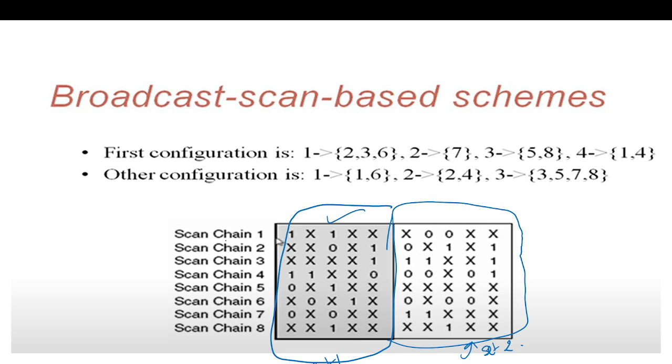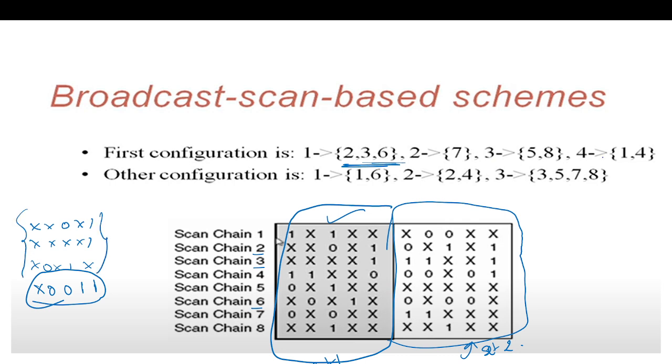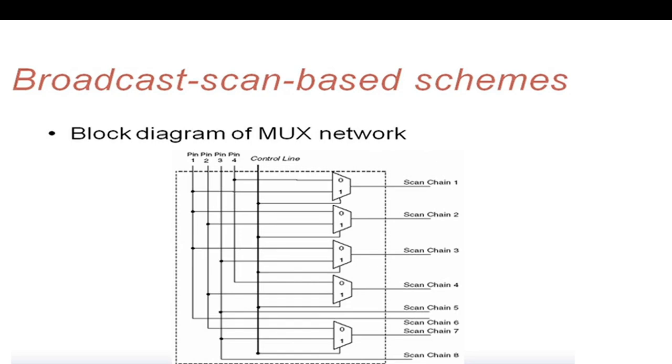Here we can see that vectors 2, 3 and 6 can be compacted, because one is x0, x1 and 3 is x1, and 6 is x0, x1, X. So this can be compacted. This will be the compact pattern. So this can be merged into one pattern. Similarly, this is for the next set.